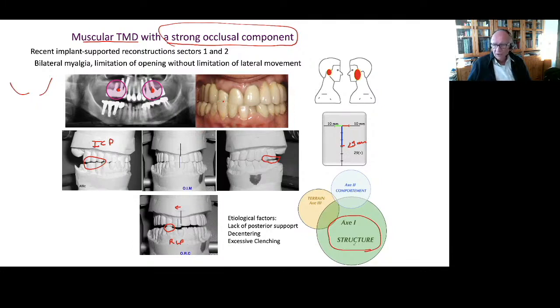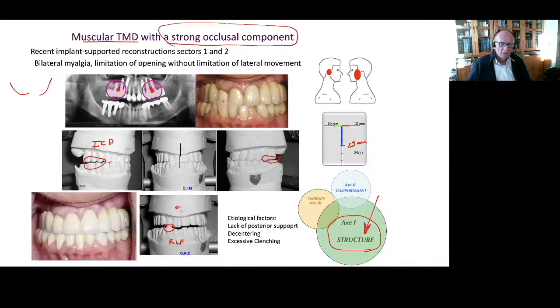So that means in this type of case we have a green light to change something on the occlusion, to give stabilized support in centric relation.